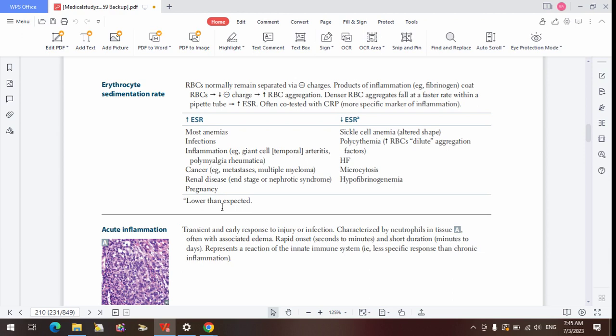In someone that has nephrotic syndrome or end-stage renal disease, so for nephrotic syndrome, there's a drop in proteins, particularly albumin. But remember that fibrinogen is bigger than albumin, so fibrinogen doesn't escape in nephrotic syndrome. It actually accumulates. Part of the protein that escapes in nephrotic syndrome includes antithrombin 3.